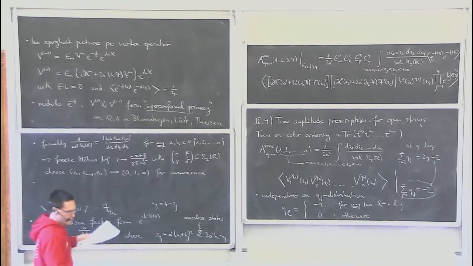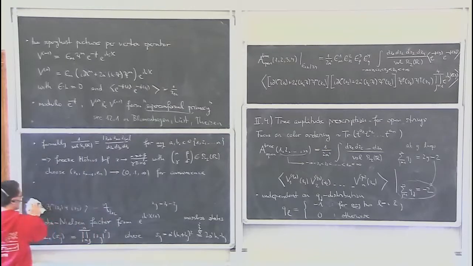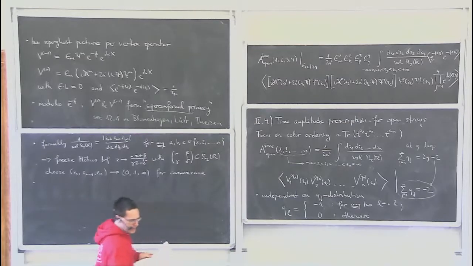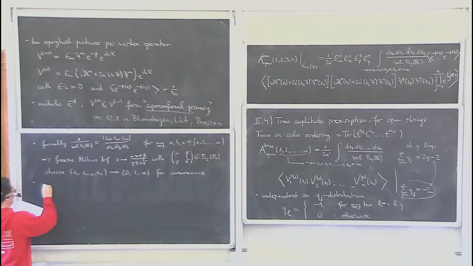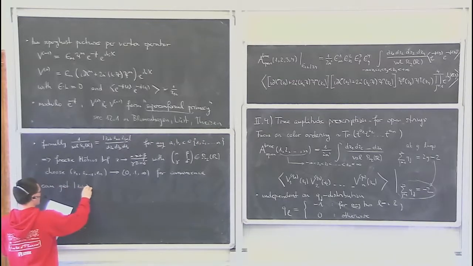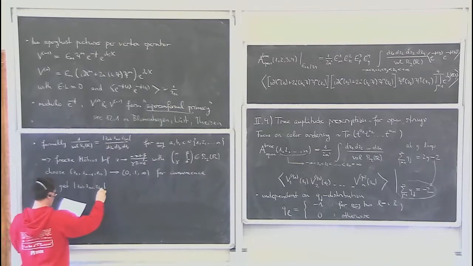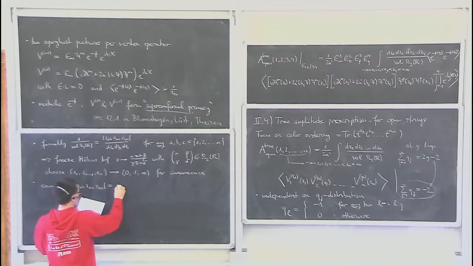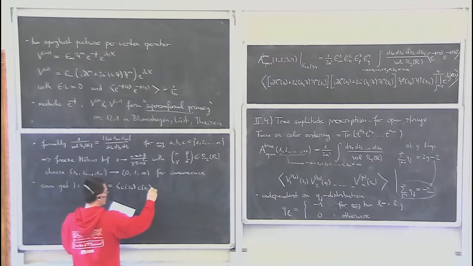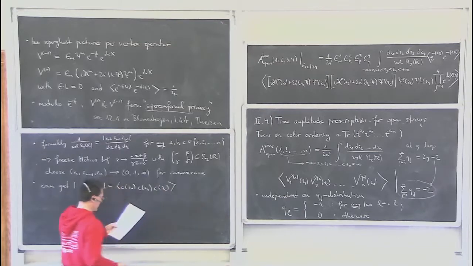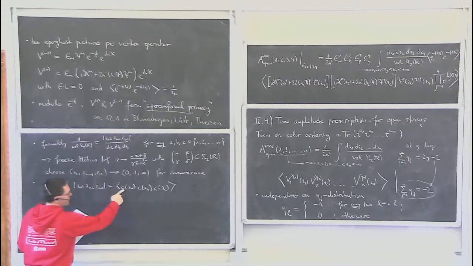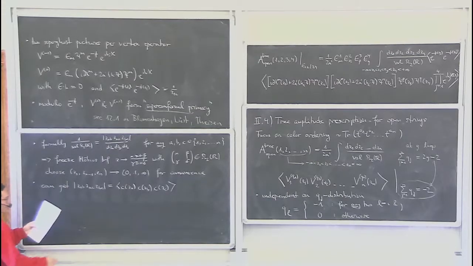Okay, so the first suggestion is to think about the numerator as being a Jacobian. A second way you can think about it is as a ghost correlator. You can get this as a 3-point correlation function of the C-ghost field, which I shamefully neglected in the discussion up to now. So you can get this as a 3-point function of a conformal weight minus 1 field.